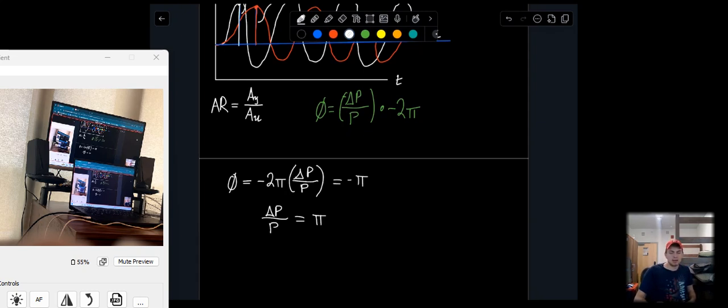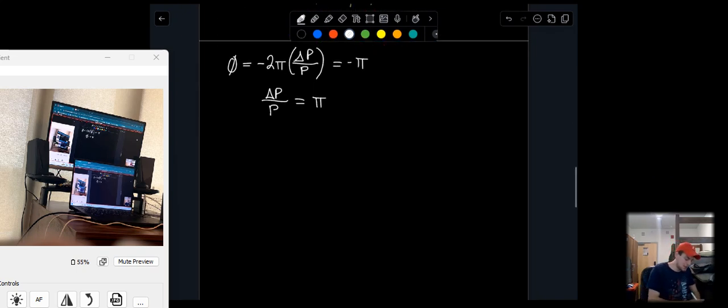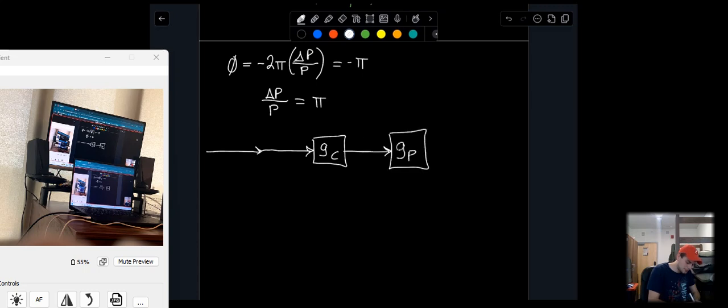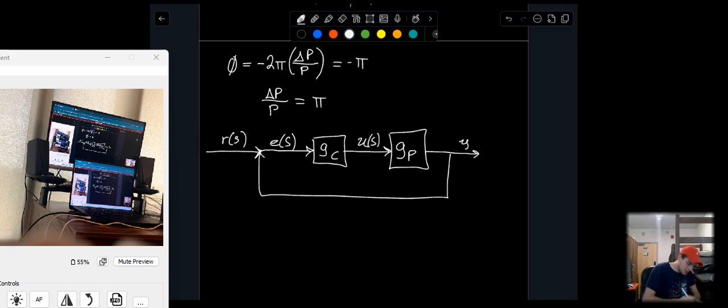And so what does this really mean? Well, if we were to look back at our control block diagram here, here's R, here's E, here's U. Basically what this means is that our output is constantly out of shift with our input, or our set point here.